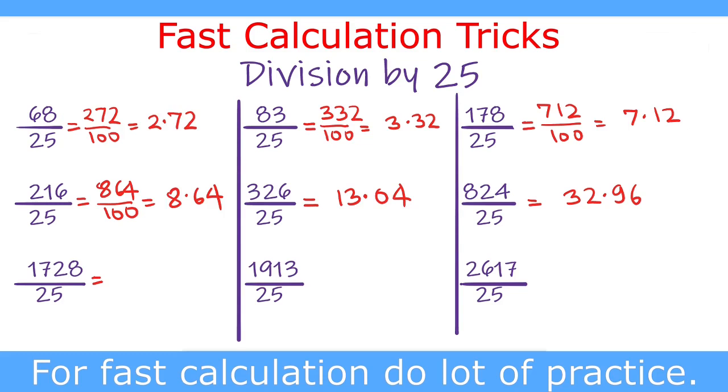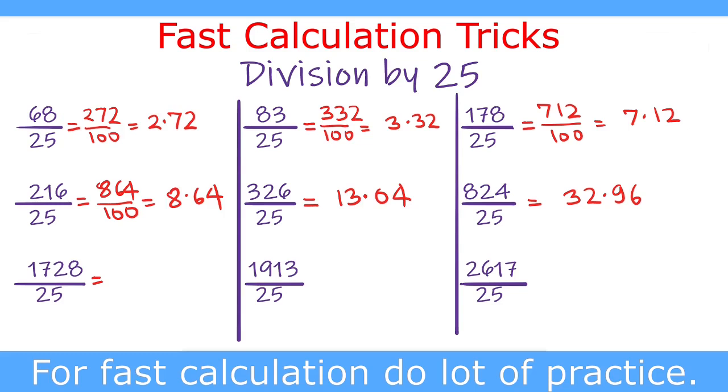1728 divided by 25 can be written as 17.28 multiplied by 4. So 4 times of 28 is 112 and 4 times of 17 is 68. So we carry 1. 68 plus 1 is 69.